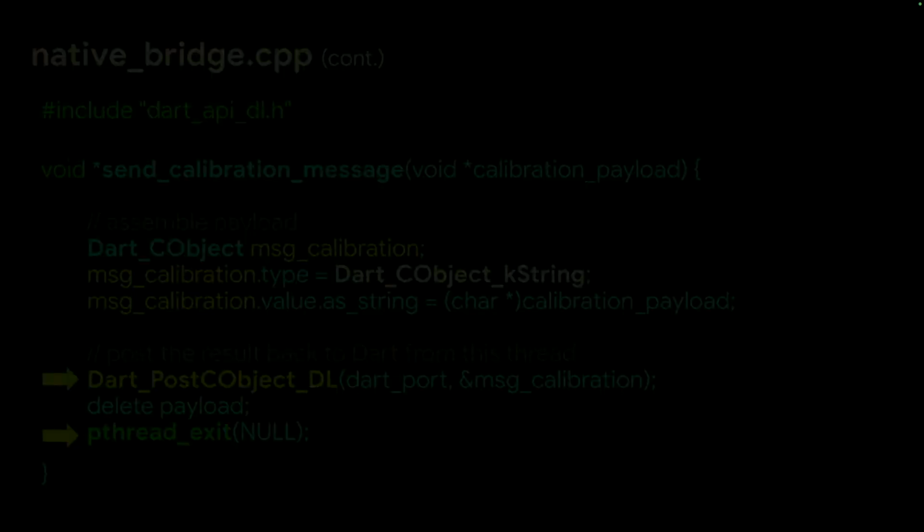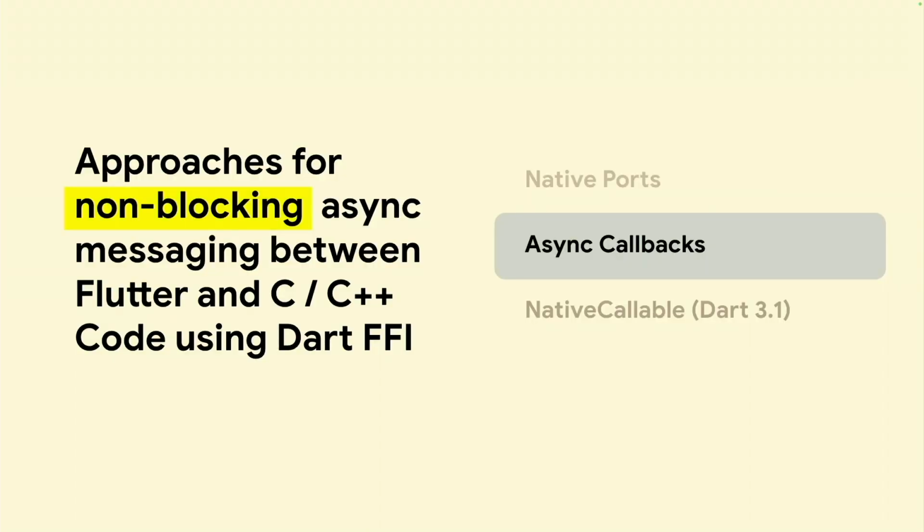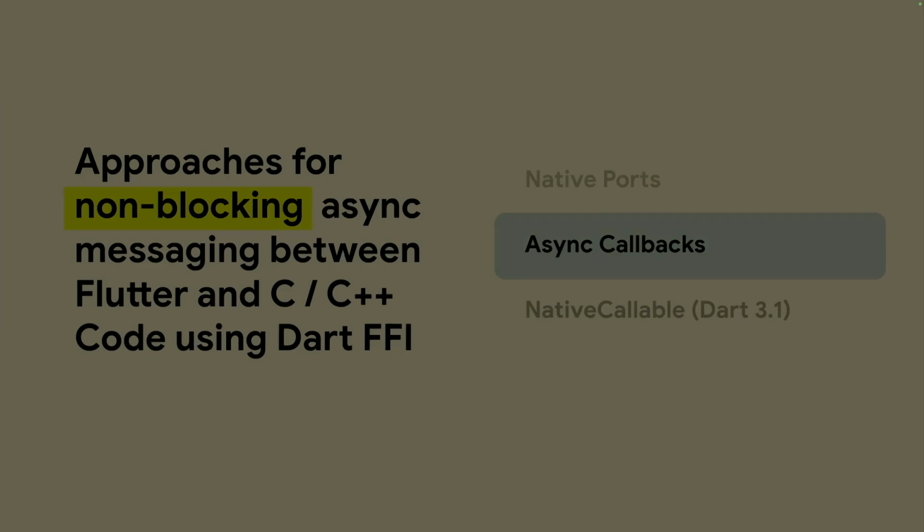Awesome. Okay, and that's just a way to clean it up. Now the next approach is async callbacks. Remember, Dart FFI doesn't support asynchronous functions, because they're synchronous in nature. But there's a way to do async callbacks with that.